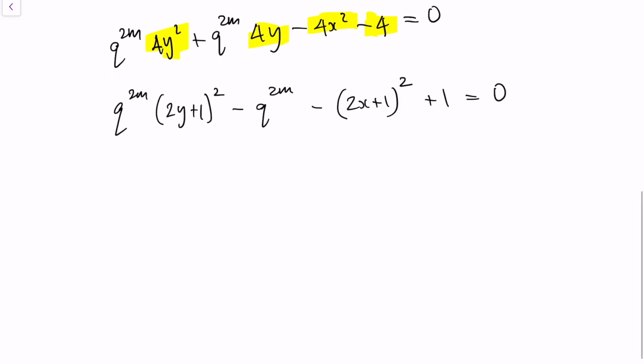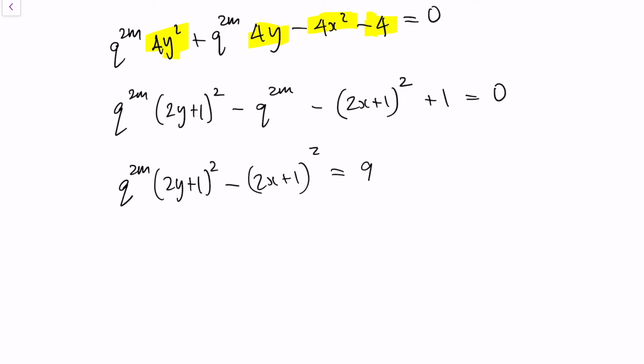And the motivation behind this is, if you look at it, we also have some kind of difference of squares. So we have q to the power of 2m times 2y plus 1 squared, minus 2x plus 1 squared, equal to q to the power of 2m minus 1.